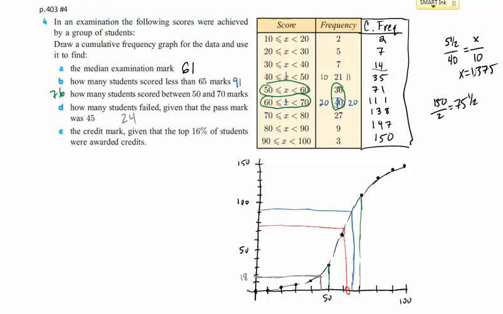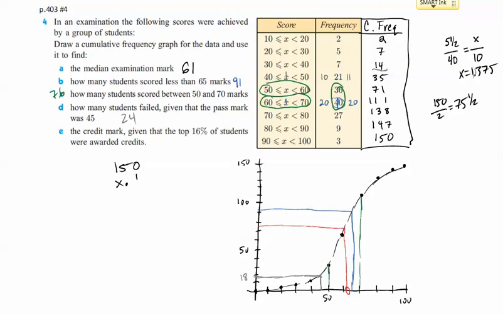So then we go on to letter E, the last one. The credit mark, given that the top 16% were awarded credits. So the top 16%, well, there are 150 students.